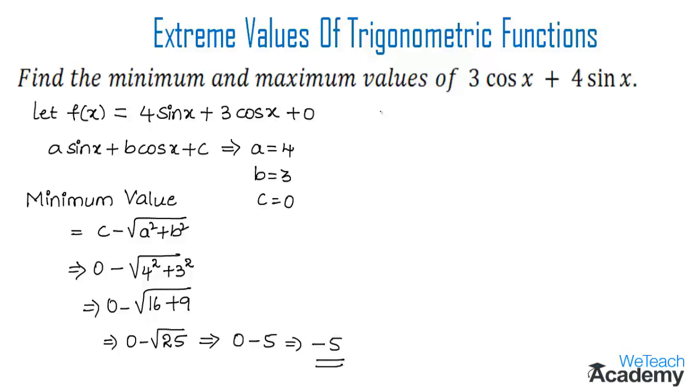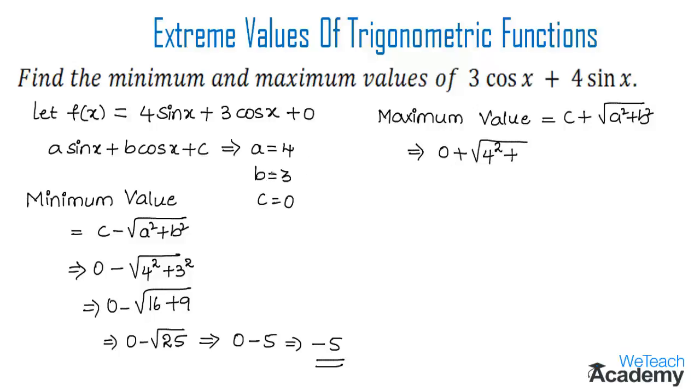And now let us proceed and find the maximum value of the given function. The maximum value is given by the formula c plus under root a square plus b square. Substituting the values, we get 0 plus under root a square, that is 4 square, plus b square, which is 3 square. So that implies we get under root 16 plus 9, which is equal to under root 25.